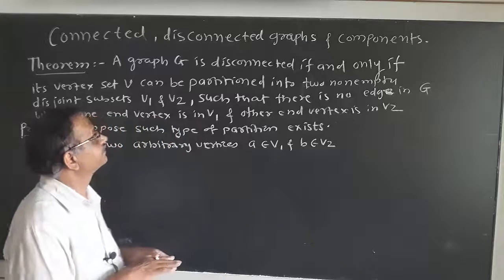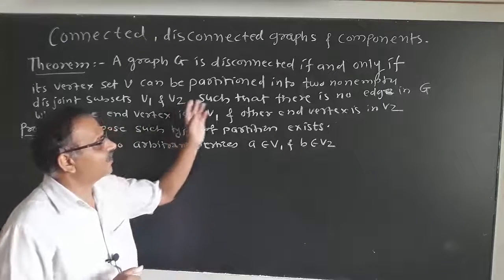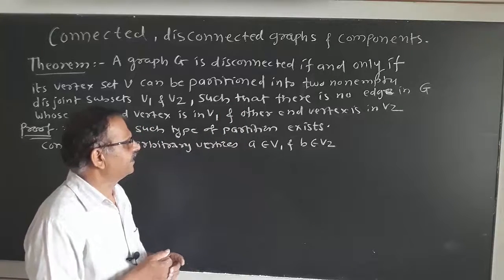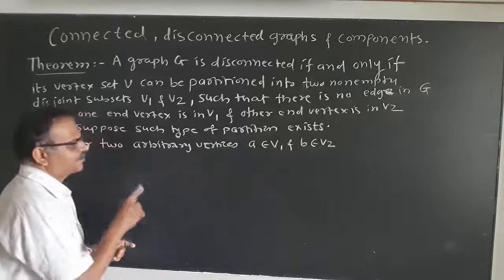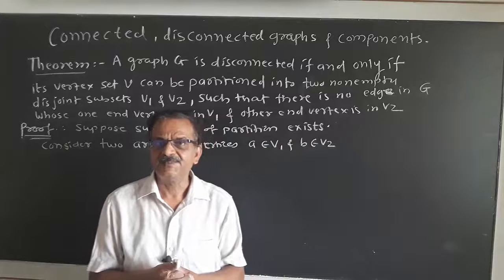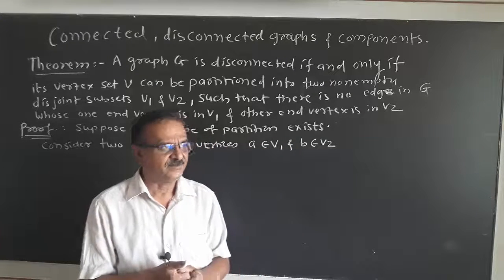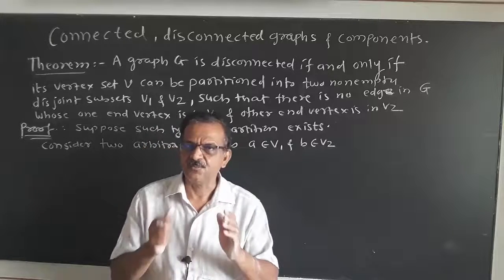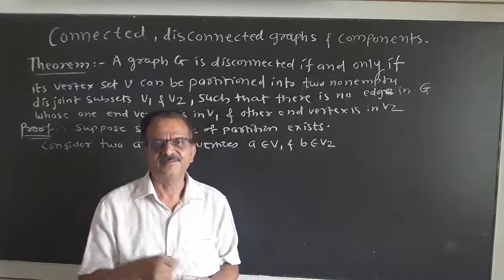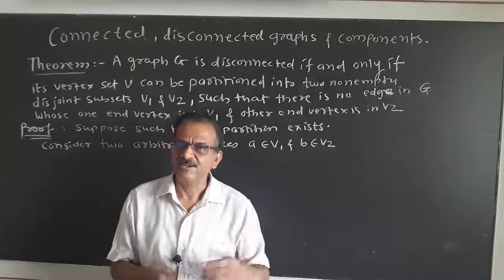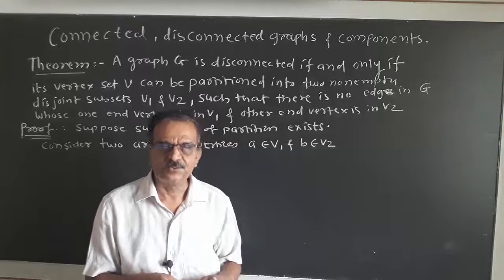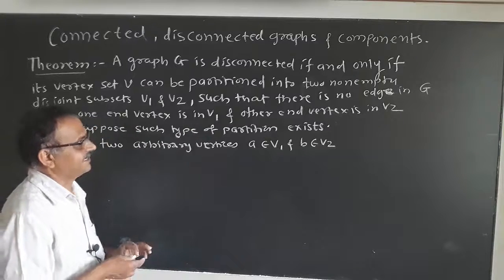But as these two are connected components, connected graphs, therefore, A belongs to V1, B belongs to V2, and if there is an edge between A and B, then every vertex in set V1 may be connected by this edge to every vertex in V2, and hence there should not exist any edge between V1 and V2 as these are disconnected graphs.